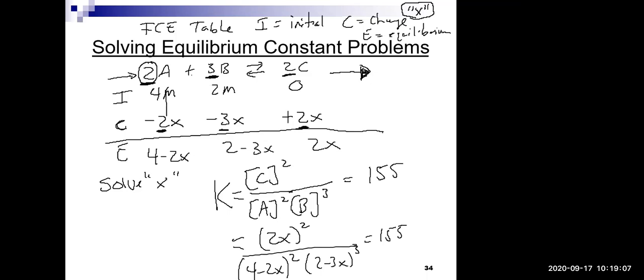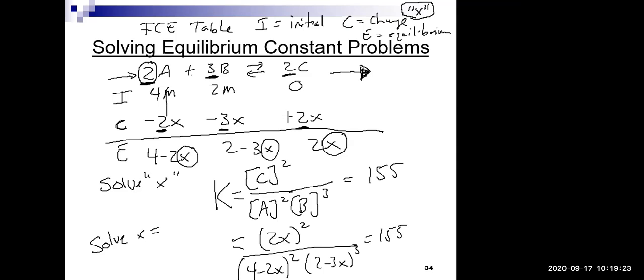And basically, you'll do some fun math here and solve for X. When you do solve for X, that X will equal the X that's here. That X will equal the X that's here. And that X will equal the X that's here.